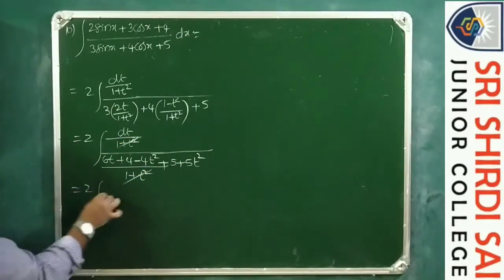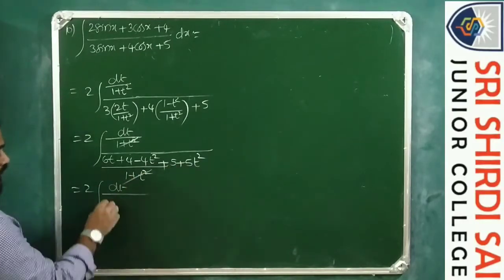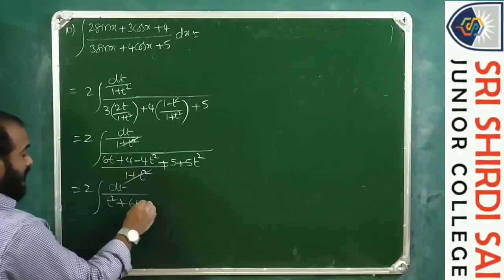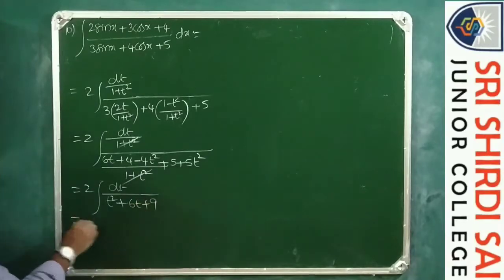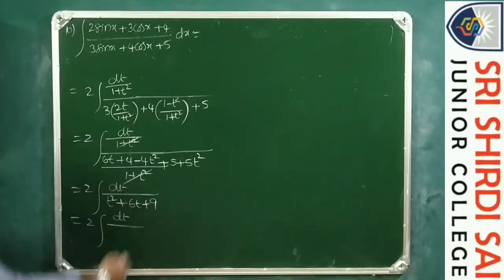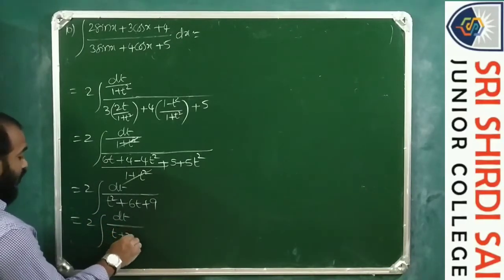2 into dt by 5t square minus 4t square is t square, plus 6t, plus 5 plus 4 is 9. So this is 2 into dt by t square plus 6t plus 9, which is t plus 3 whole square.